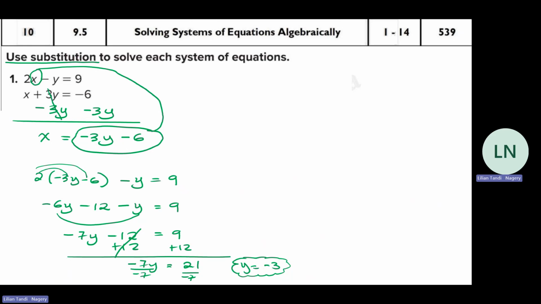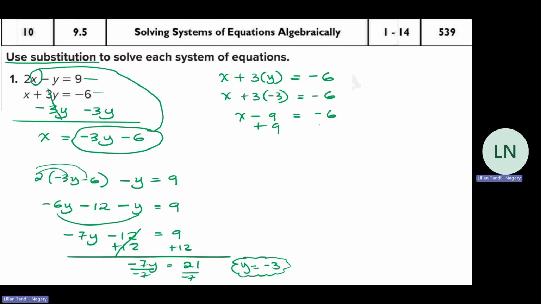Now you're going to use this value and replace it in either one of the equations. It doesn't matter which one. I will use the second one. So I will write x plus 3. I know y, so the y will be in brackets, equals negative 6. x plus 3 times negative 3 equals negative 6. x minus 9 equals negative 6.